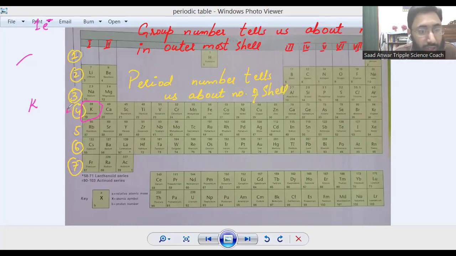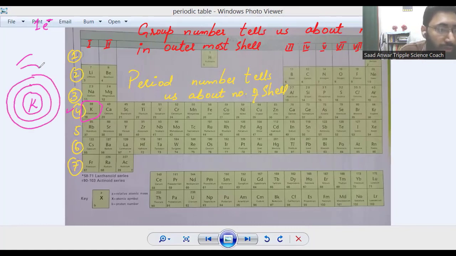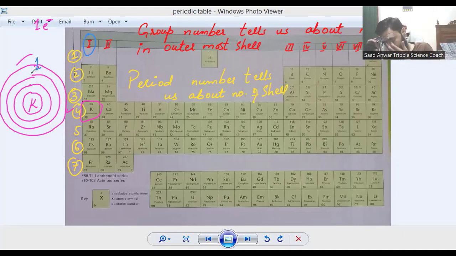Check its period. Potassium belongs to the 4th period in the periodic table. So for potassium, I need to draw 4 shells, 1, 2, 3, and 4. And how many electrons should I put in the outermost shell of potassium? Check the group number. Potassium belongs to the 1st group, so I need to put 1 electron in the outermost shell of potassium.